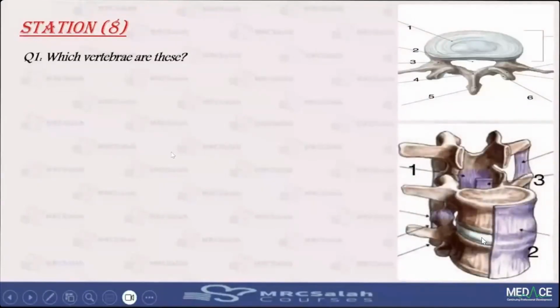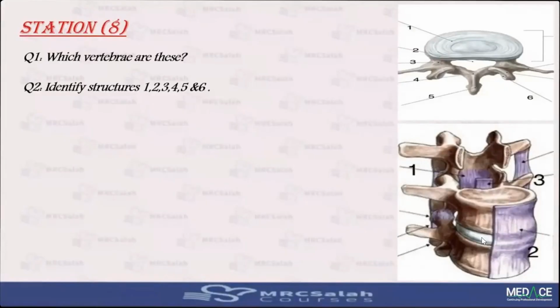Okay. An easy station. Which vertebrae are these, please? These are lumbar vertebrae. Would you identify the structures 1 to 6, please? One is annulus fibrosus.